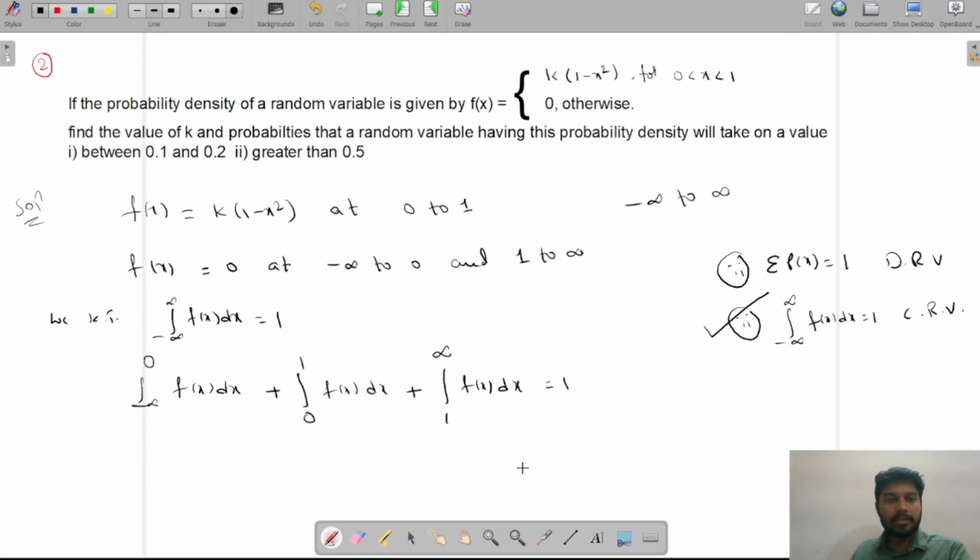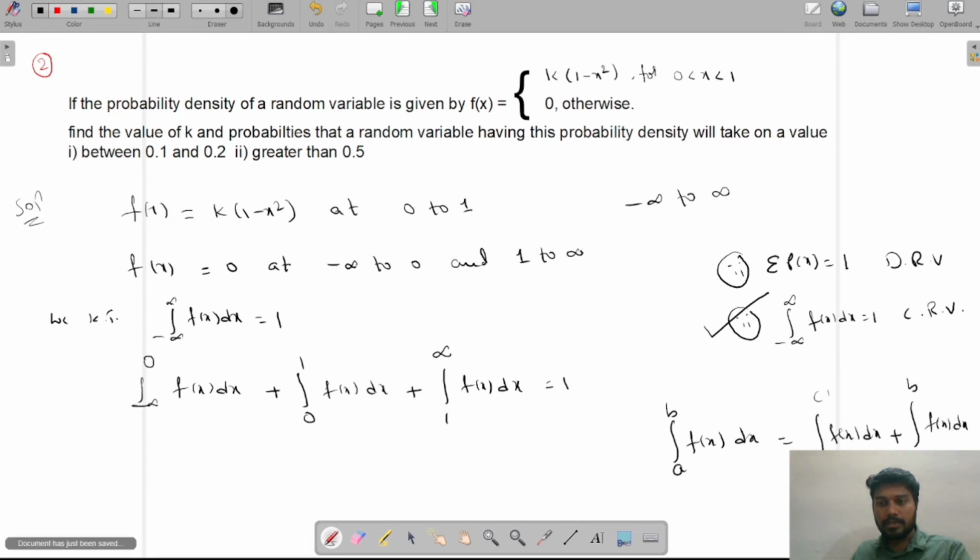I hope everyone is clear. This concept we have in intermediate, and this content is called integral by parts. I'll give you the formula for this. We have in intermediate, integration a to b f of x dx, and for this we write integration a to c f of x dx plus integration c to b f of x dx.